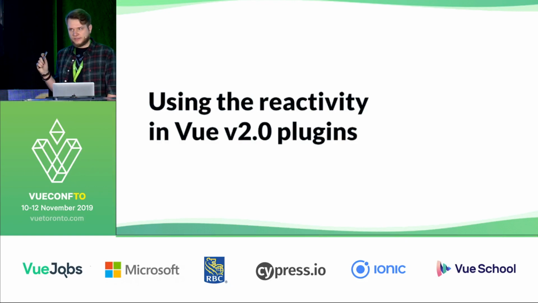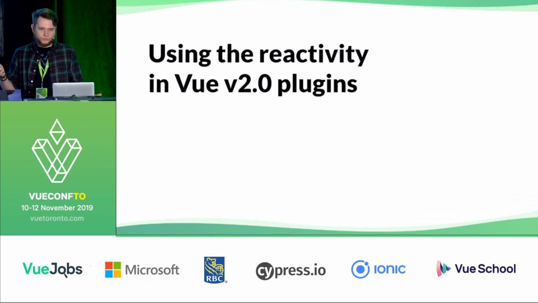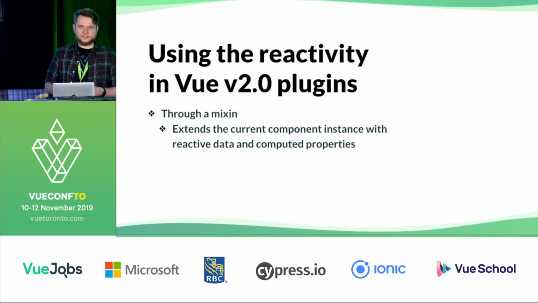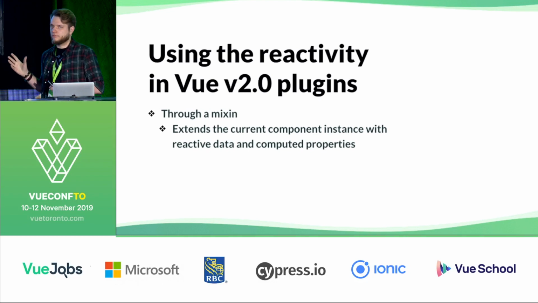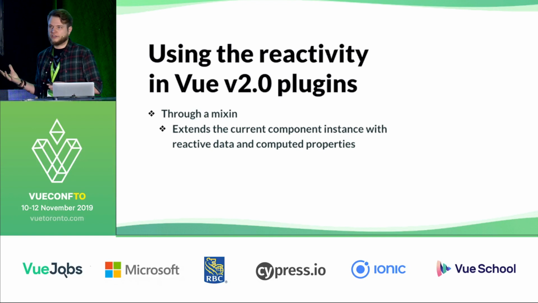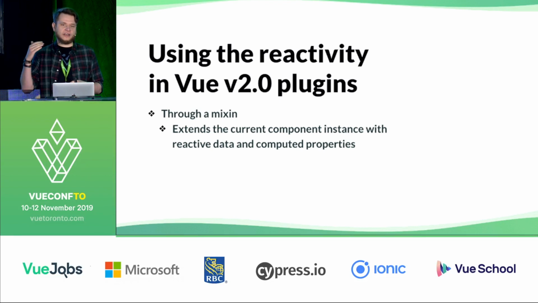So let's take a quick look at how this was done in Vue 2.0 and 2.x actually. So it was either done through a mixin. So the plugin, when it was installed, just extended all of the components or one component, and it added, let's say, a new computed property, which was kind of invisible for you, but when you were using the plugin, you had some additional properties on the component, right?